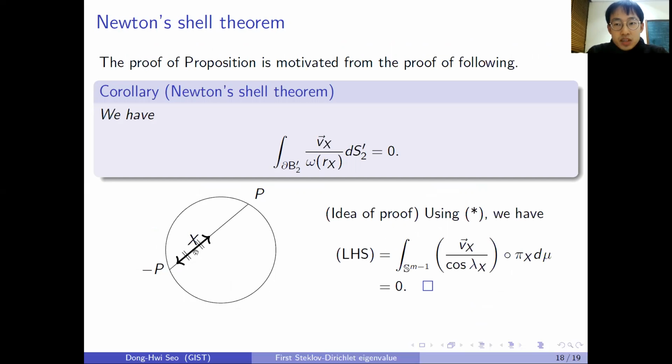So if the ambient space is 3-dimensional Euclidean space, then the density function becomes r squared, and so this integrand becomes the gravitational force from a spherical shell acting on x. Therefore, this formula is a generalization of Newton's shell theorem for 2-point homogeneous space.